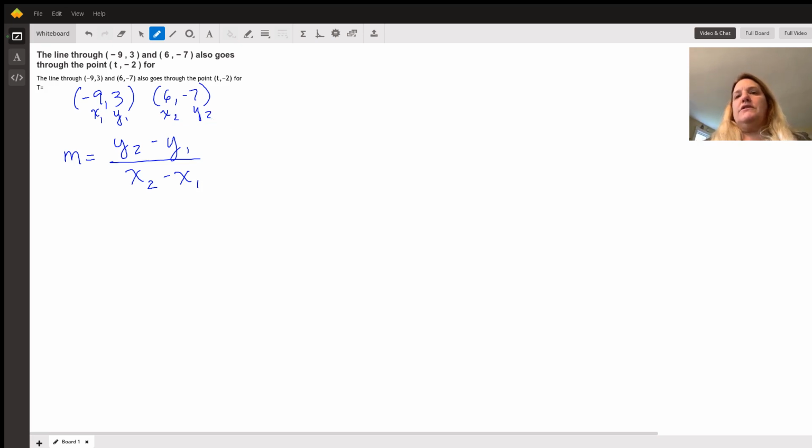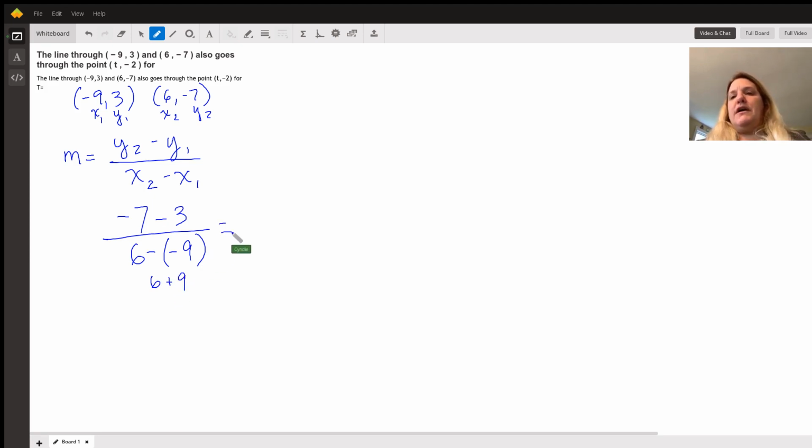So if I fill into the formula for slope, my y2 is -7 minus y1, which is 3, and x2 is 6 minus x1, which is -9. So 6 minus -9 is going to become 6 plus 9.